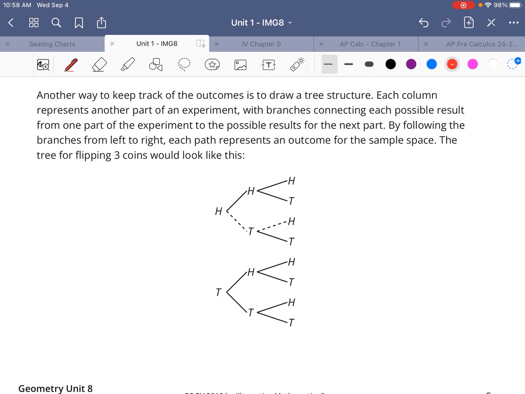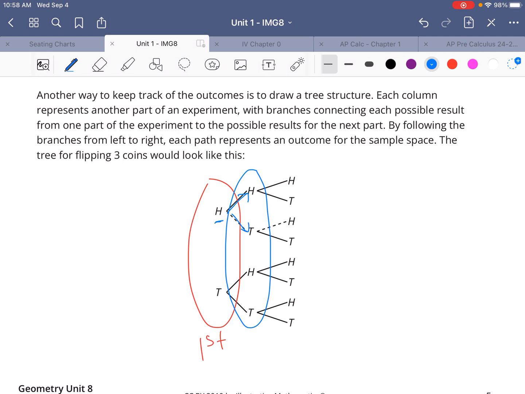So for our first flip, sorry, I was thinking number cubes again. For our first flip, we could get heads or tails. And then for the second flip, if we got heads on the first, we could get heads or tails for the second one.